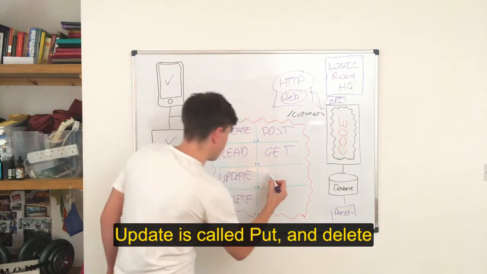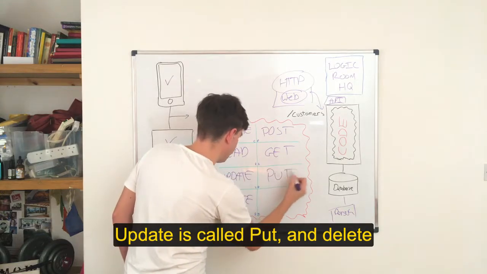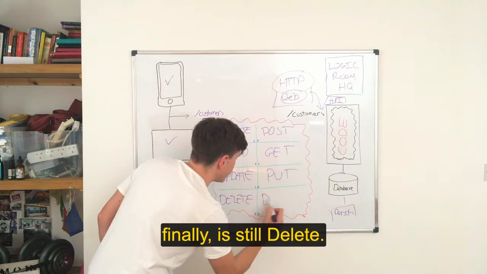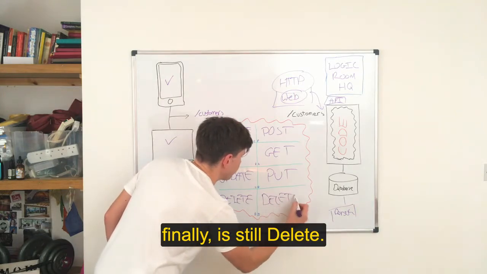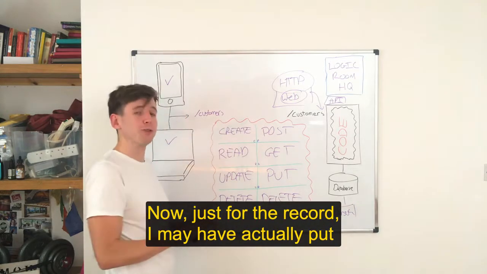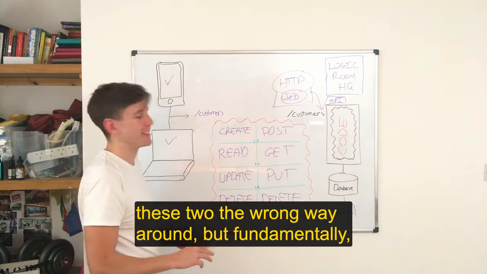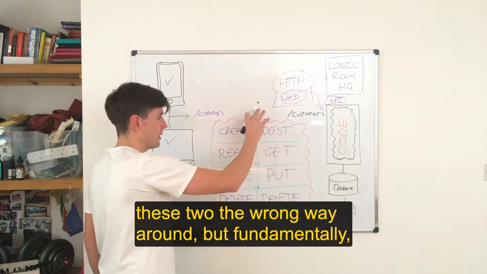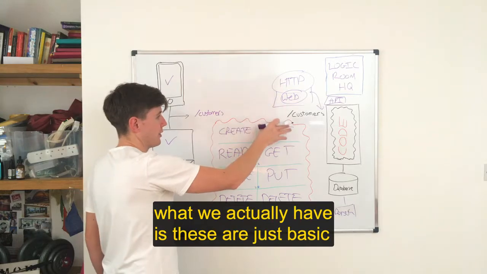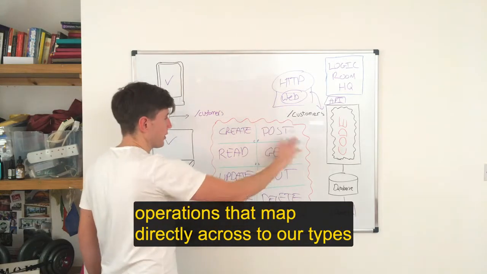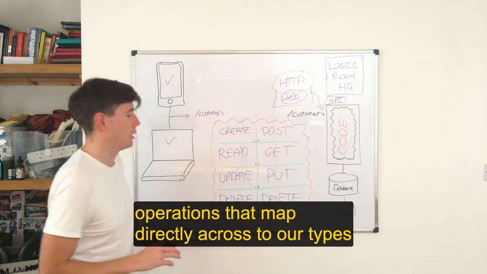Update is called put. And delete, finally, is still delete. Now, just for the record, I may have put these two the wrong way around. But fundamentally, these are basic operations that map directly across to our types of operations.